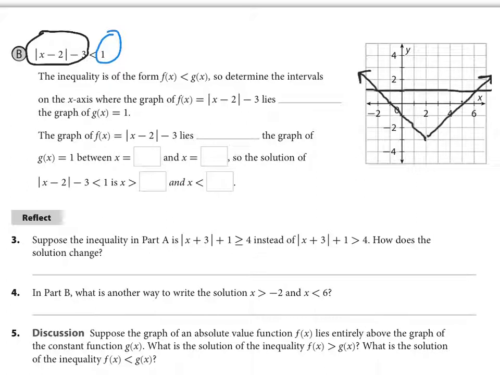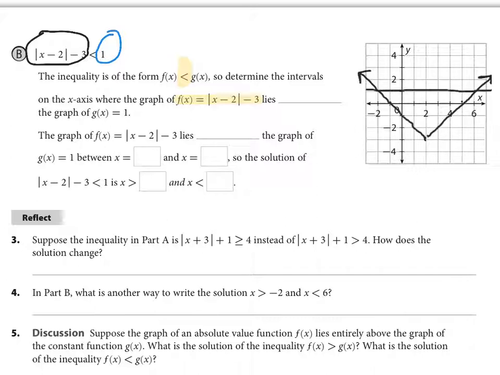All right, this inequality is in the form of f of x is less than g of x. So the left function is less than the right side of the function. So when we look at the graph, we want to find where the graph of the absolute value is less than 1.